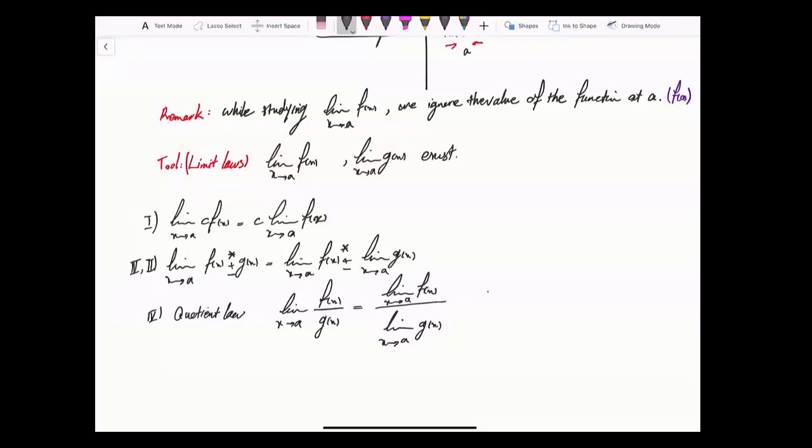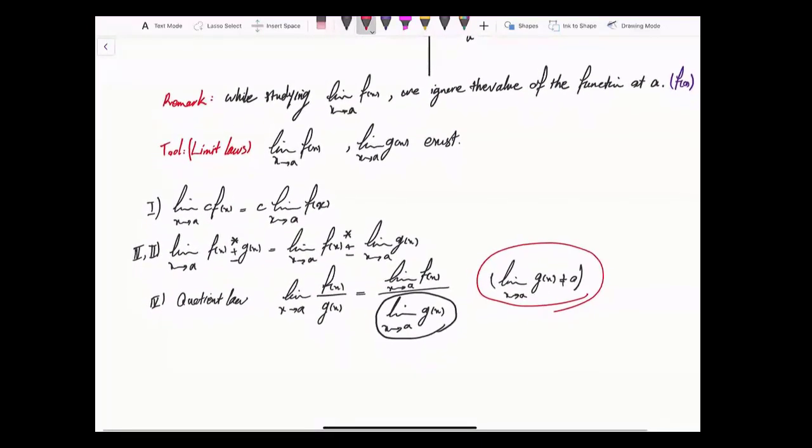This is true only if the limit of the denominator is something non-zero. If that is zero, I cannot put that number in the denominator. Zero in the denominator is a big, big no in math. That's why the quotient law has this very important fact, and as you will see later in this session, that will generate a lot of new things for us.